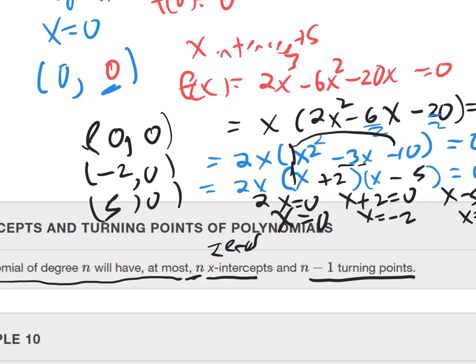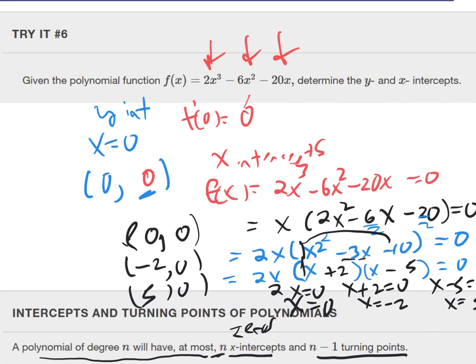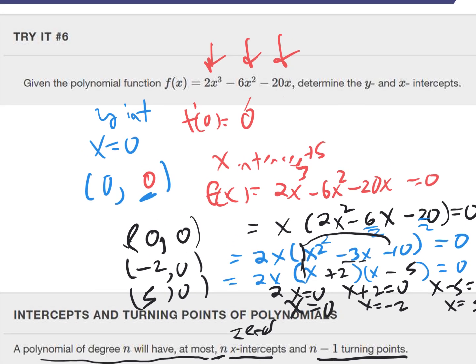So in this case, the one we just did up here, this one is a third degree, so it has 2 turning points. Well, you shouldn't be surprised. It's a cubic, and it's a positive 2, so it does this. So it has to have a turning point here and a turning point here. 2 turning points.